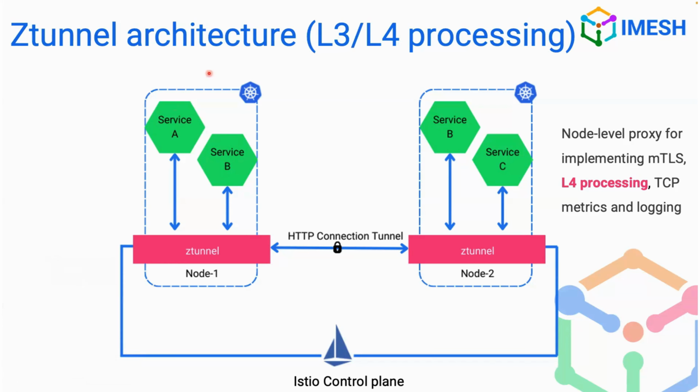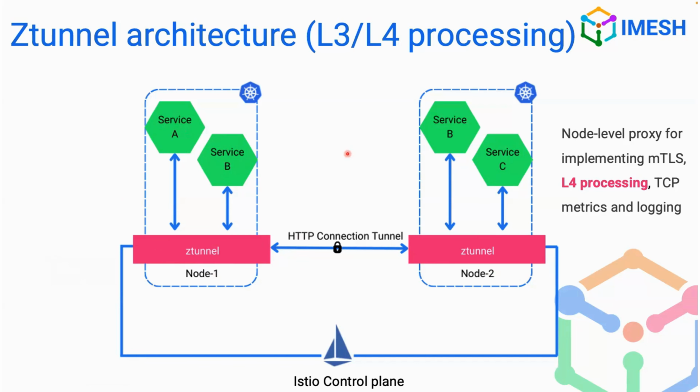Each service will have a sidecar associated with it within the pod. So service A will have one proxy here, service B will have a proxy here. Same goes with the other node. Here we are covering two nodes just for explanation. Service B again will have a proxy here. Service C will again have a proxy.